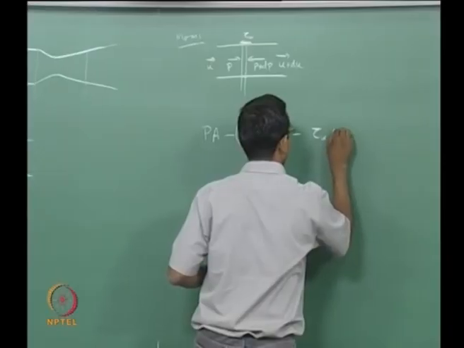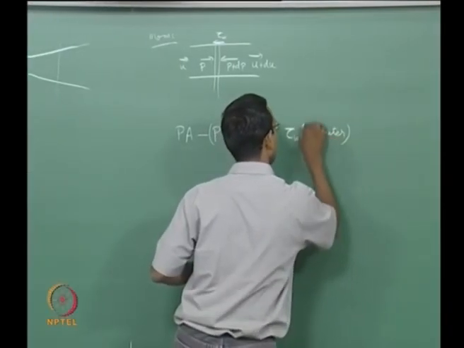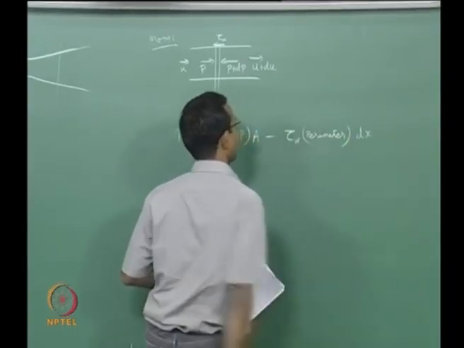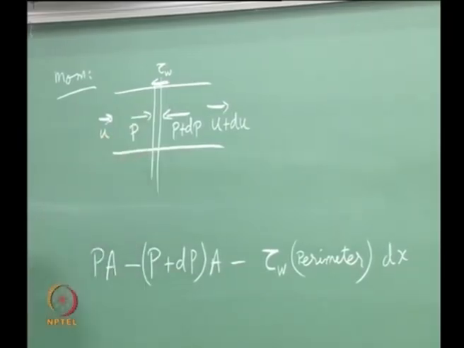So, it will be perimeter into dx currently. These are the net forces that are acting on my fluid element inside that small control volume.